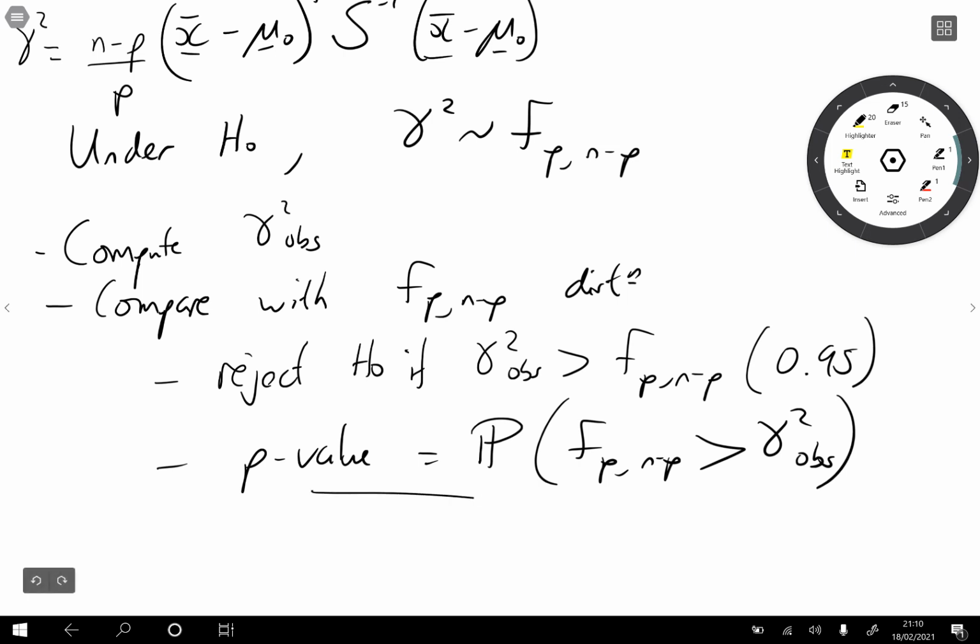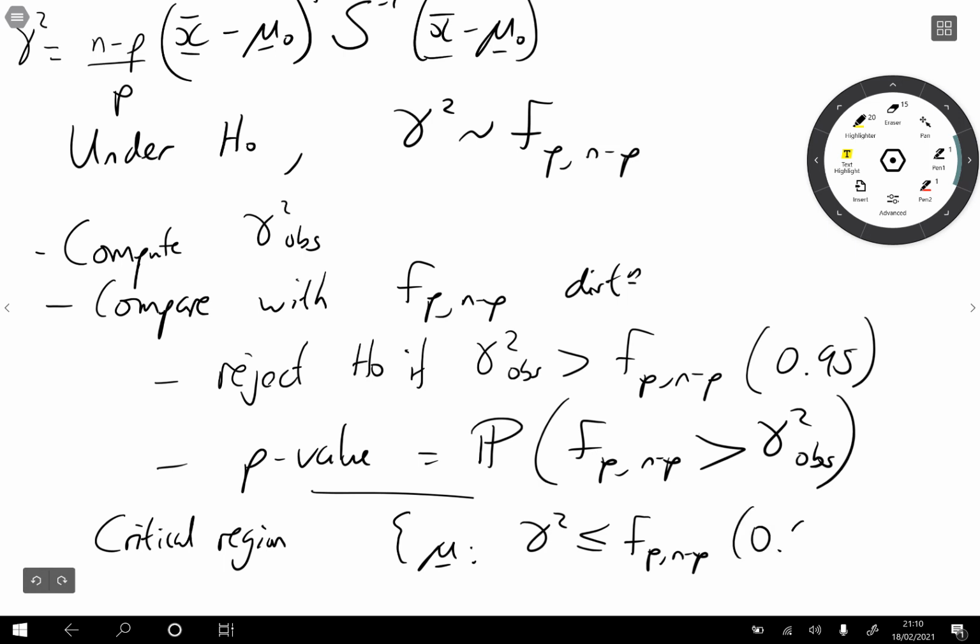Now the critical region for mu is going to be, as before, all those values of mu for which gamma squared is less than or equal to the 95th percentile of an F, p, n minus p random variable.